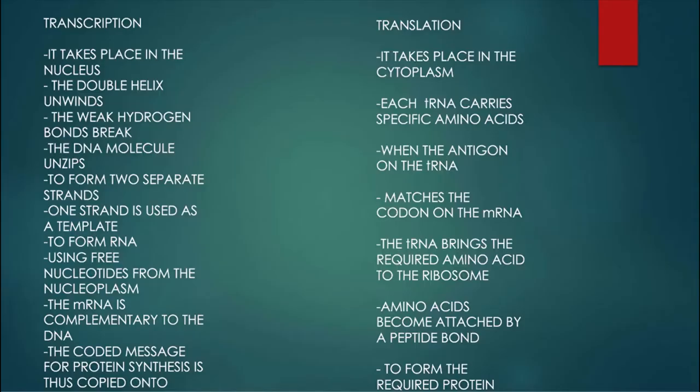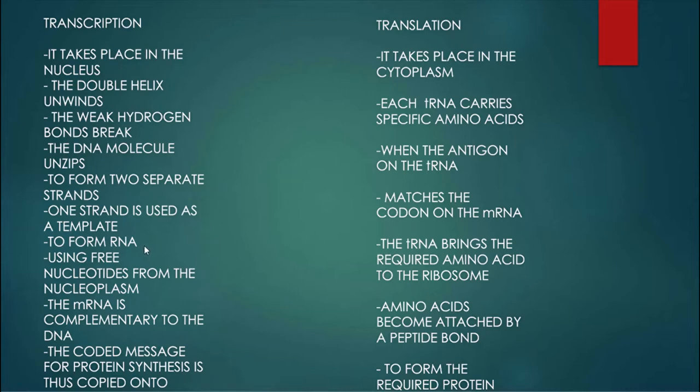Now let's look at the process of protein synthesis. Protein synthesis is a process whereby protein is formed. It has 2 processes, which are transcription and translation. The first process, transcription, takes place in the nucleus, and it says that the double helix unwinds, the weak hydrogen bonds break, the DNA molecule unzips to form 2 separate strands.